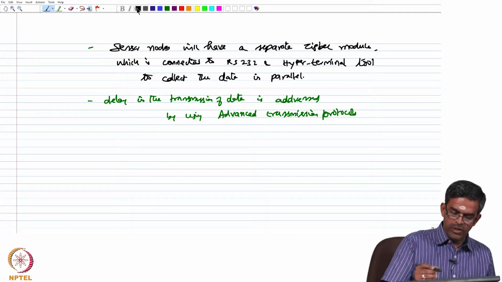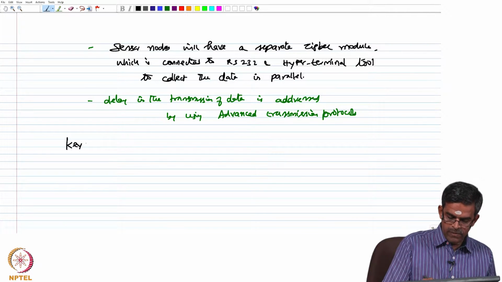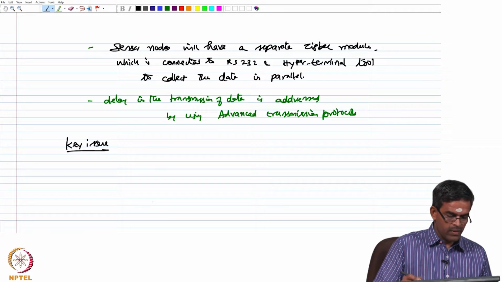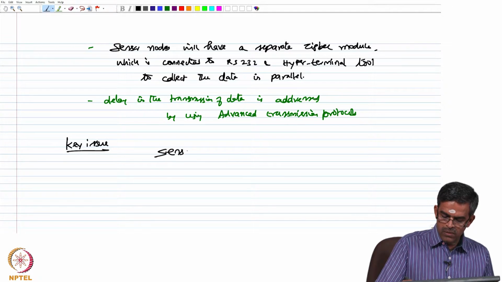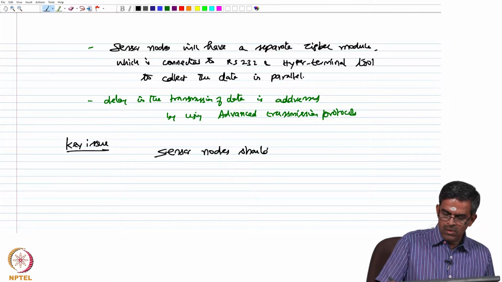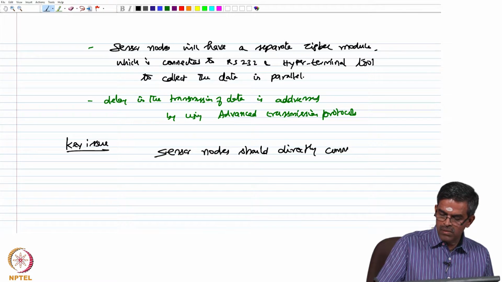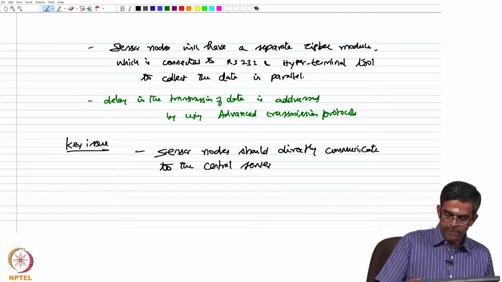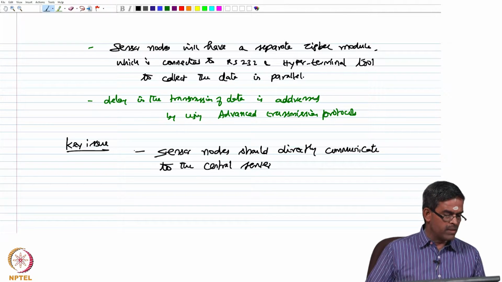The key issue here is sensor nodes should directly communicate to the central server. That is what the desired requirement is.